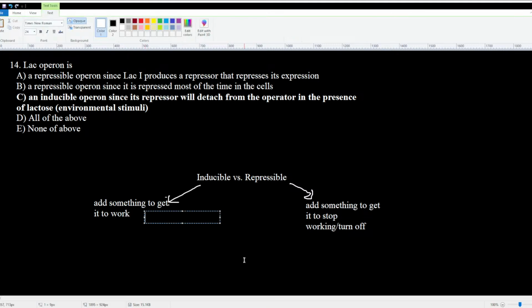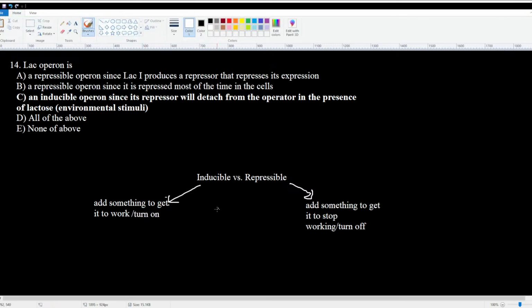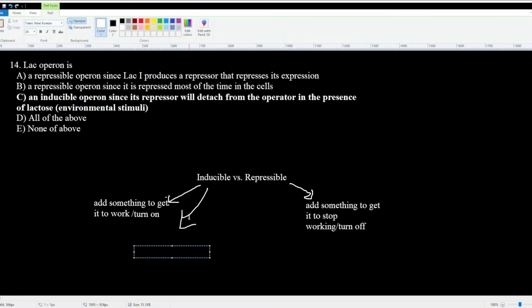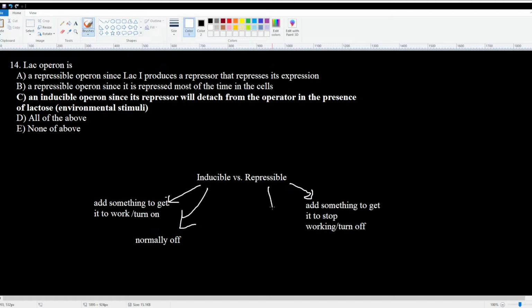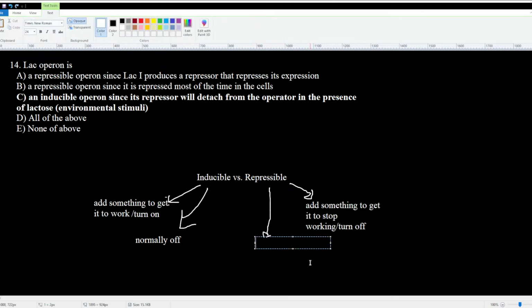And for this one, I'm going to have a little addendum here, slash turn on. So we could also say that inducible operons are always off, or rather normally off, and repressible operons are normally on.